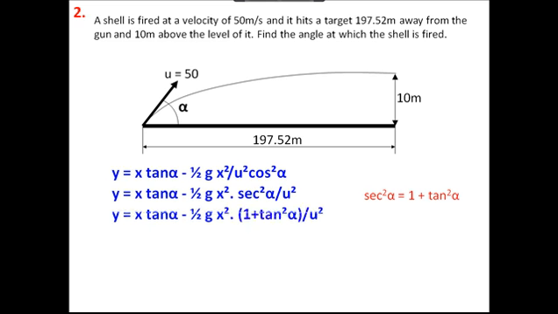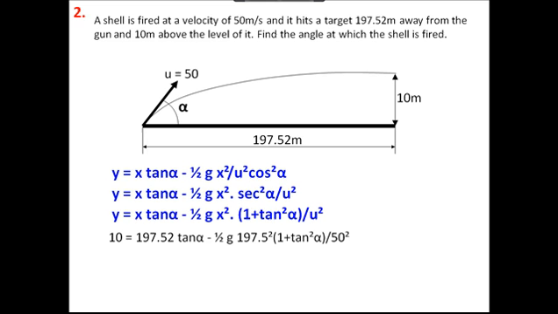By doing this, we will be able to get an equation which is quadratic in tan. And we know the values of y and x, we put them there. y is 10 and x is 197.52. The only unknown which remains is alpha, which is in the form of tan alpha.